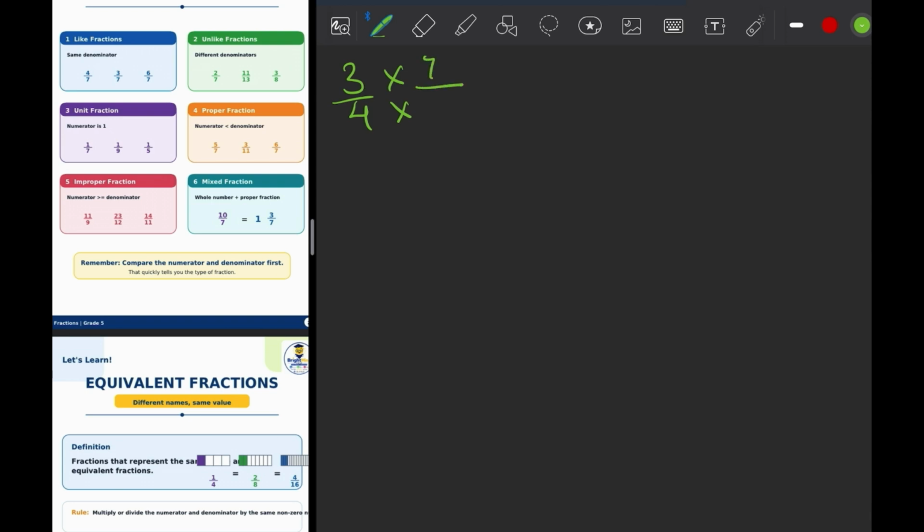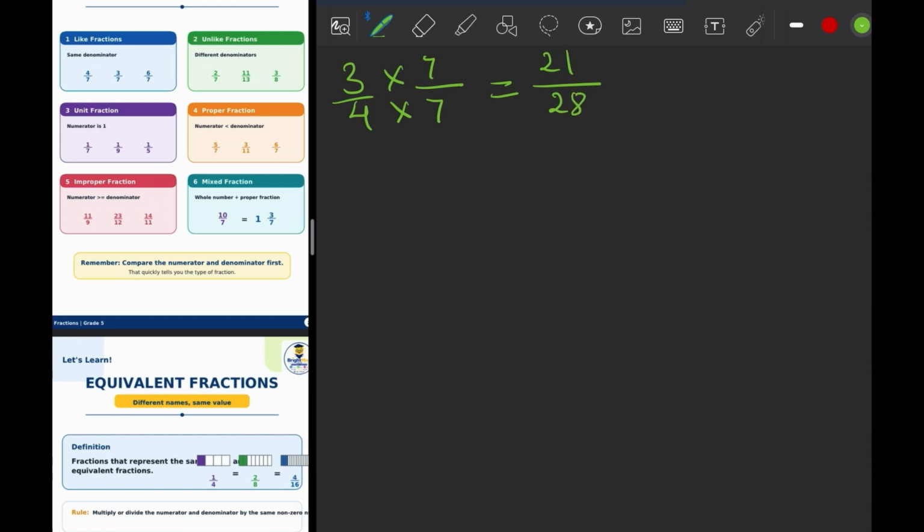So 7 times 3 is equal to 21, and 4 times 7 is equal to 28.